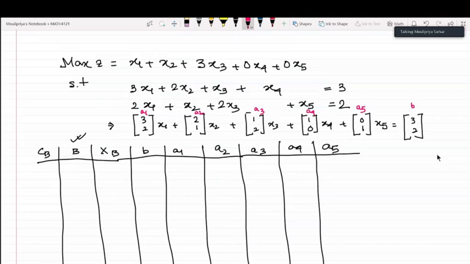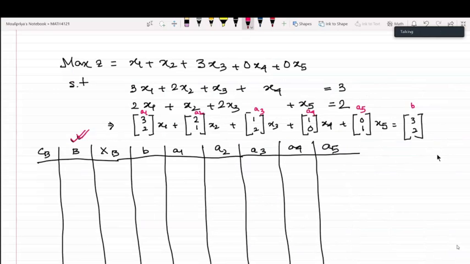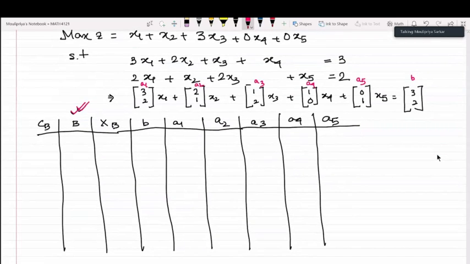So tell me, what do we write in place of capital B? Which variables do we consider as the initial basic variables?